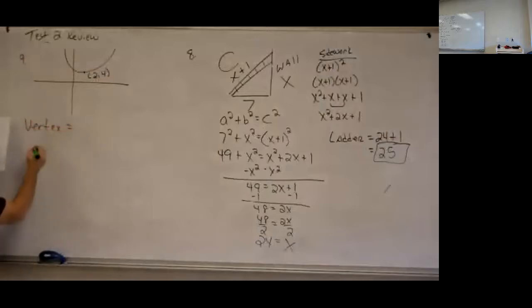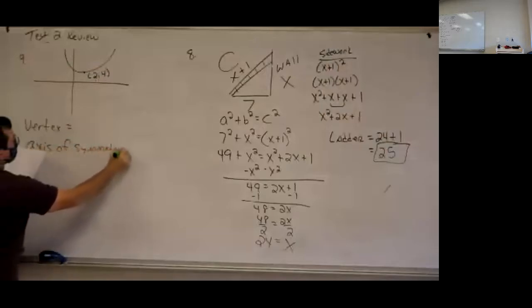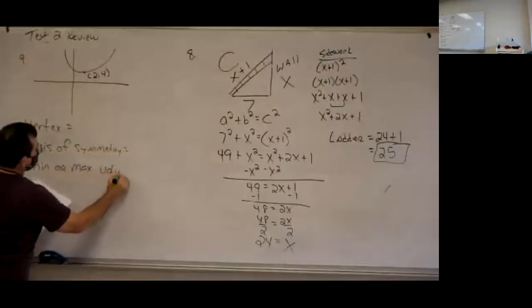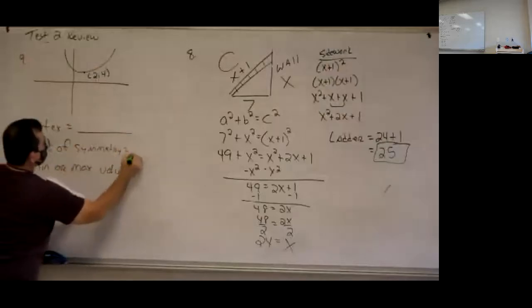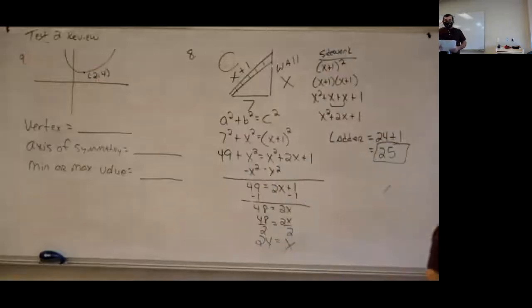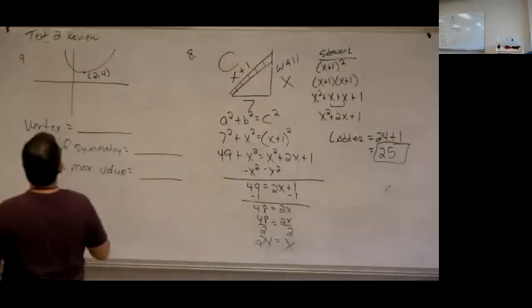So they want to know what's the vertex, axis of symmetry, and then what is the minimum or maximum value? You don't even have to do no work on this because they gave you the vertex. That point 2, 4 is my vertex, so that's going to go right here.